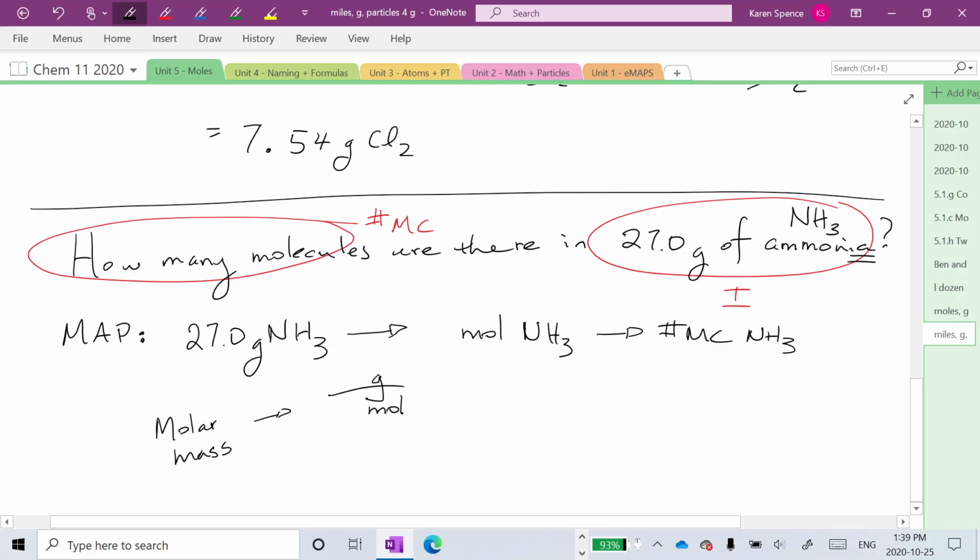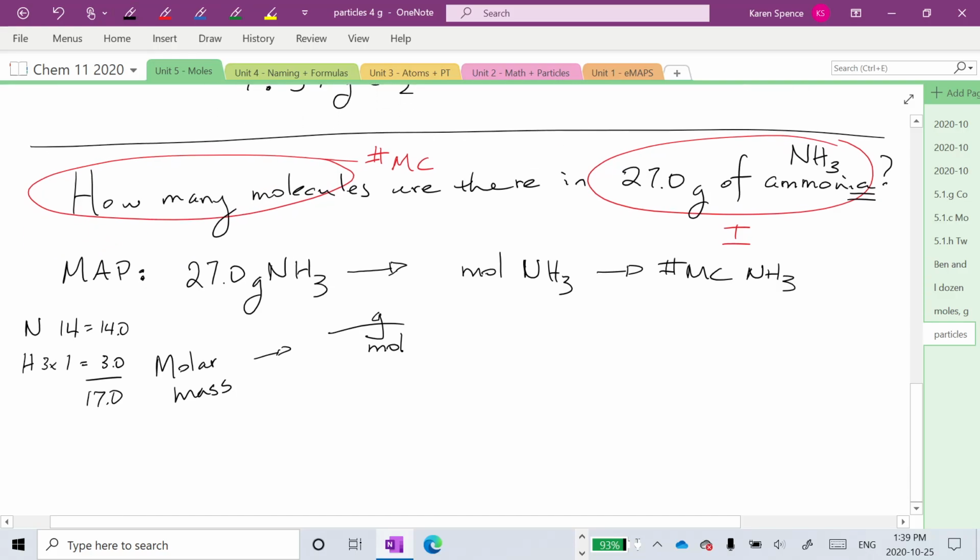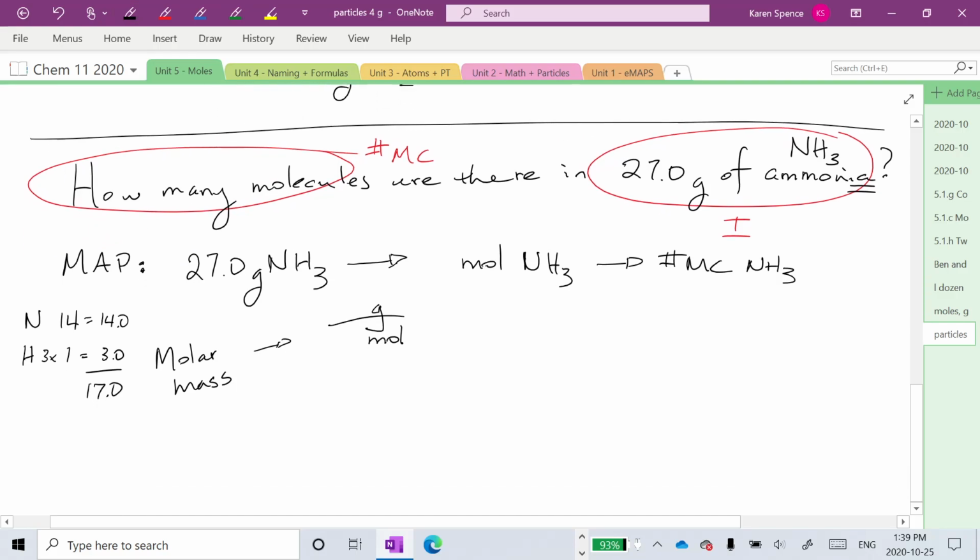Okay, and NH3, nitrogen, is 14. And hydrogen, we have 3 times 1. Okay, so we have 14.0, and we have 3.0, gives us 17.0. Okay, and I am being particularly careful about my point zeros because I want to have 3 sig figs here. 17.0 grams of NH3 per mole of NH3.